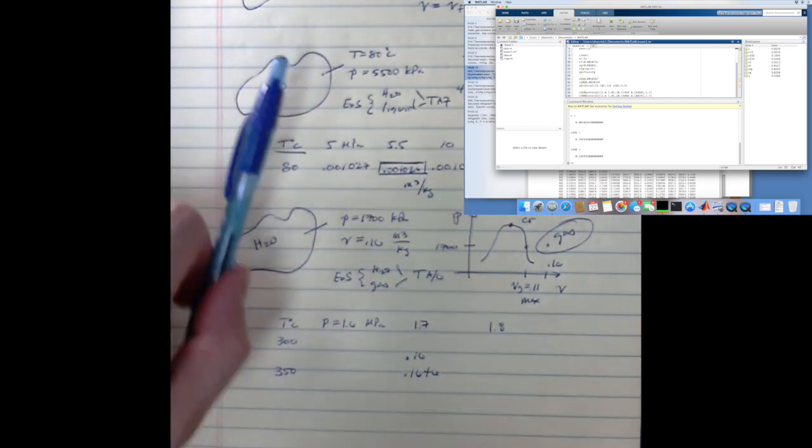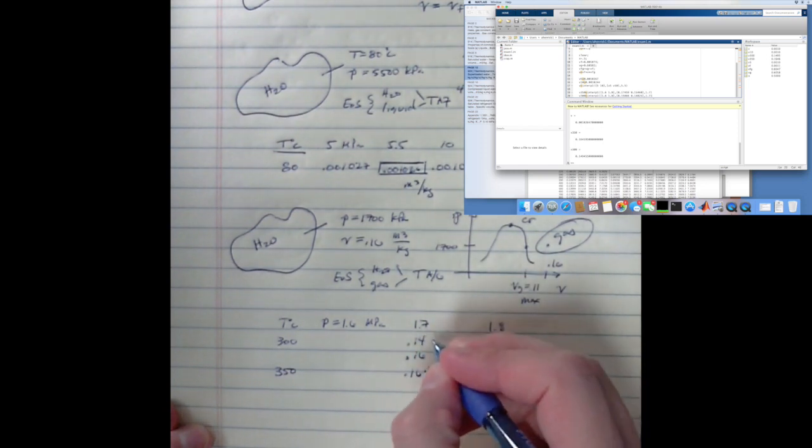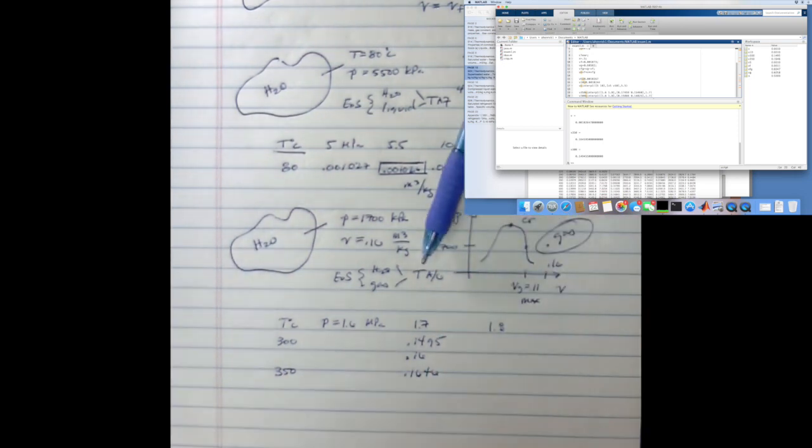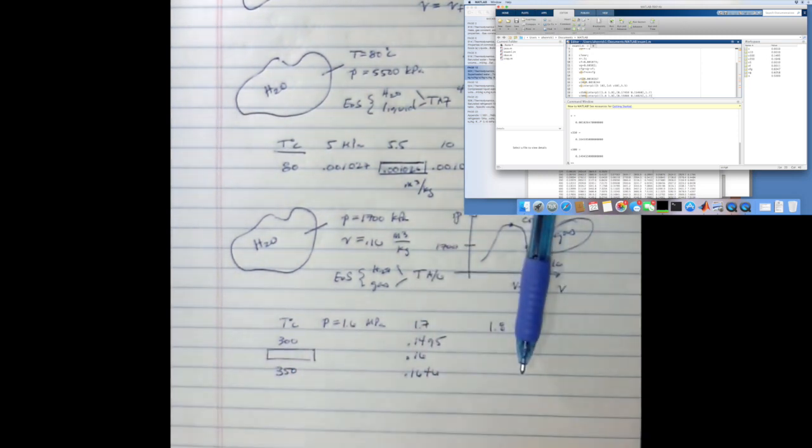And so V at 300 we've just found is 0.1495, and lastly we interpolate to get our desired temperature, which is what we don't know in this problem.